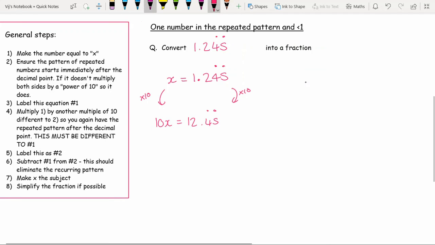And then if I multiply this by 100, now you could multiply by 1,000, it's entirely up to you.